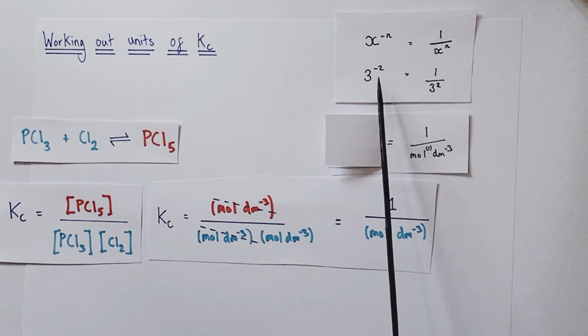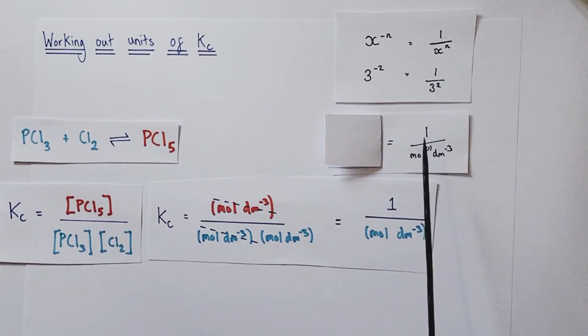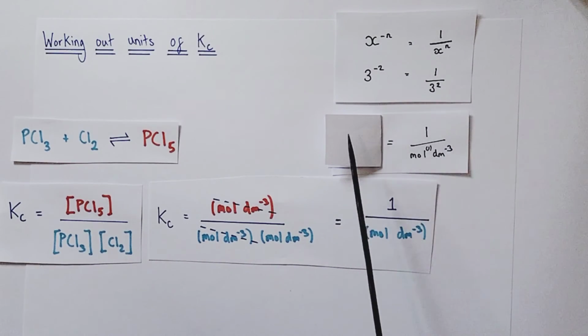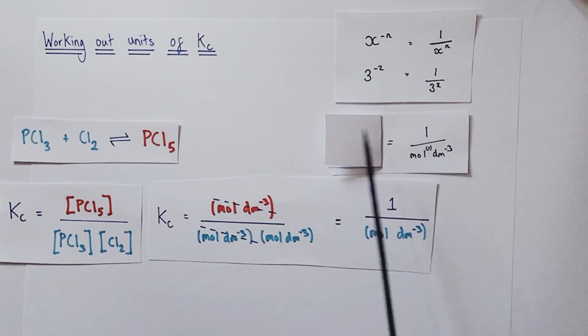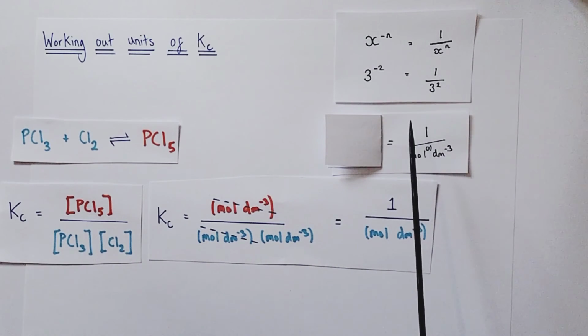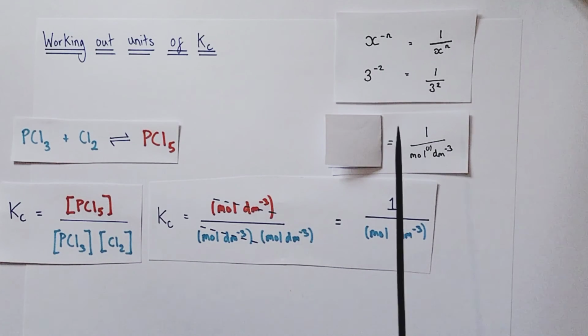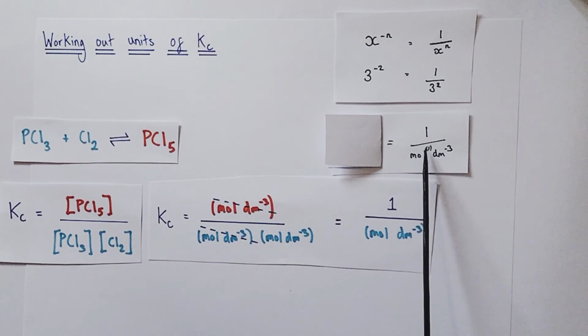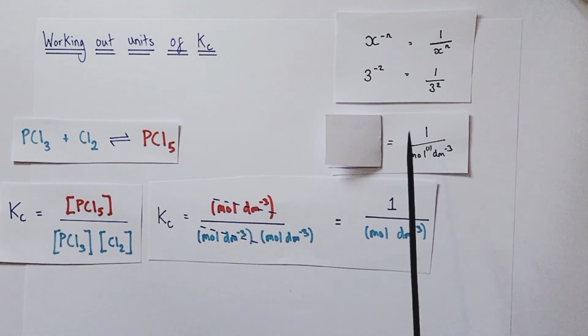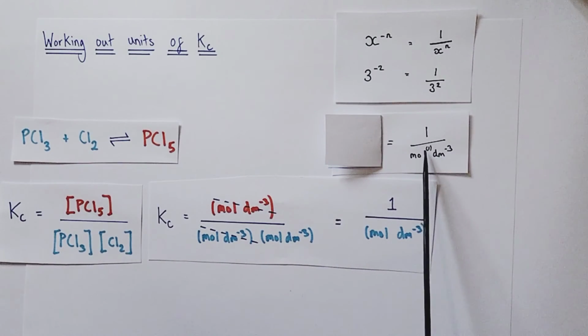Now, looking at what we did here with this indices rule, we can convert this into the other reciprocal form, and it will be the same unit effectively, but presented in a different form, which is what the examiners will need you to do. So we've got 1 over mole to the power of 1 dm minus 3 in effect. So we're going to simply flip the sign for the mole and dm unit to produce that reciprocal value.